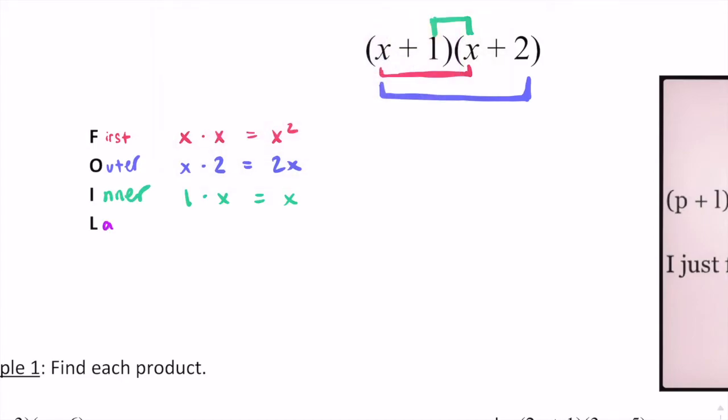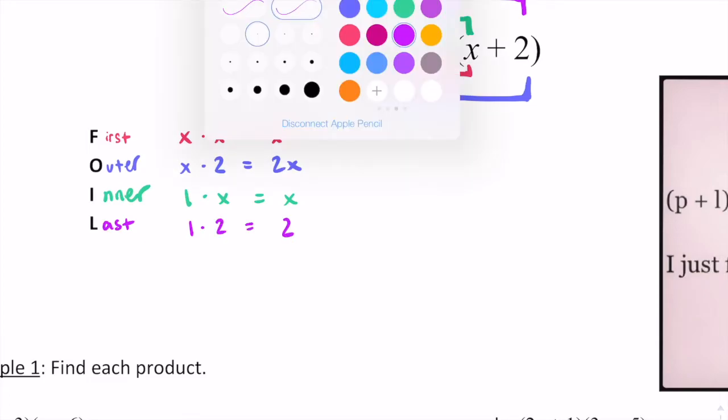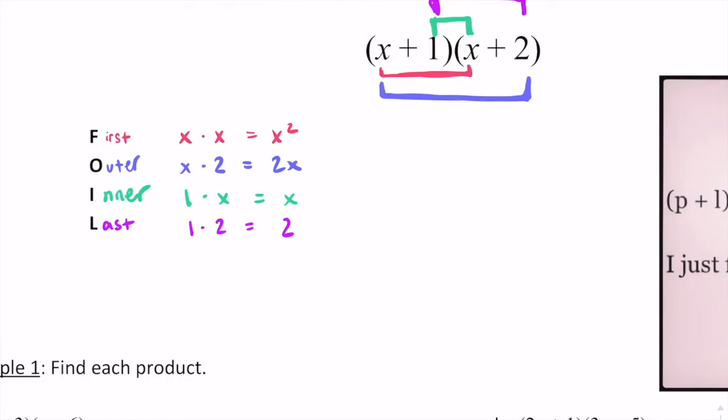And last but not least, my last terms. My first terms were x and x. Now I take a look at my last terms, my 1 and 2. I multiply those: 1 times 2, you get 2. Now what you do with all of these numbers is add them up.